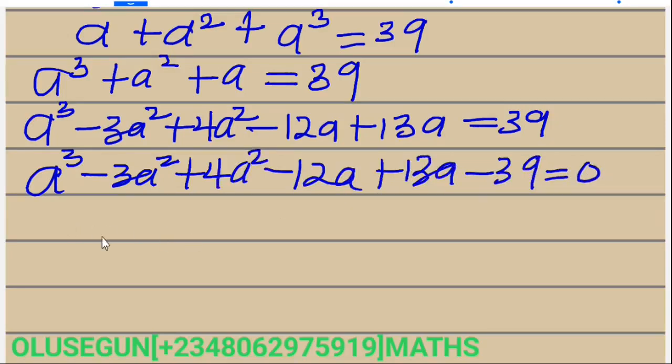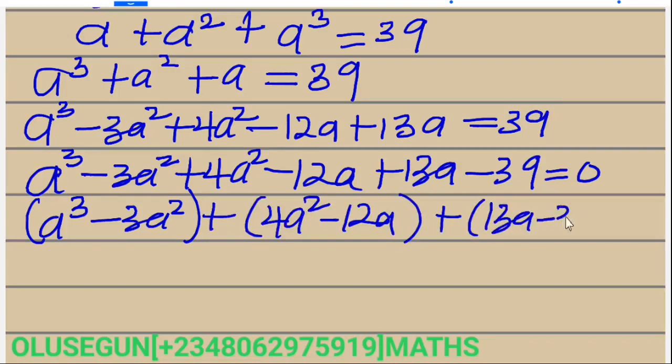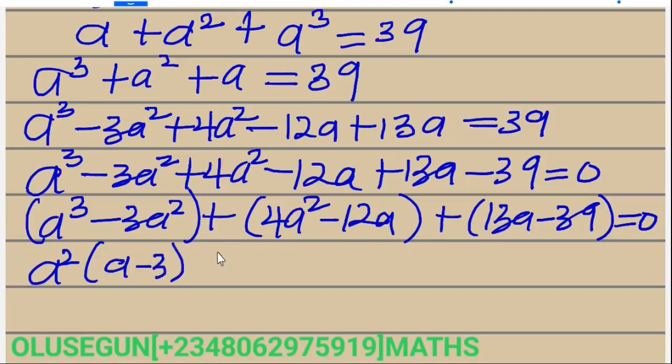So let's try to group them. A raised to power 3 minus 3a squared. We'll group them, plus 13a minus 39 is equal to 0. So for the fact I'm grouping them now, a squared is common here. We have a minus 3 times a squared plus 4a.